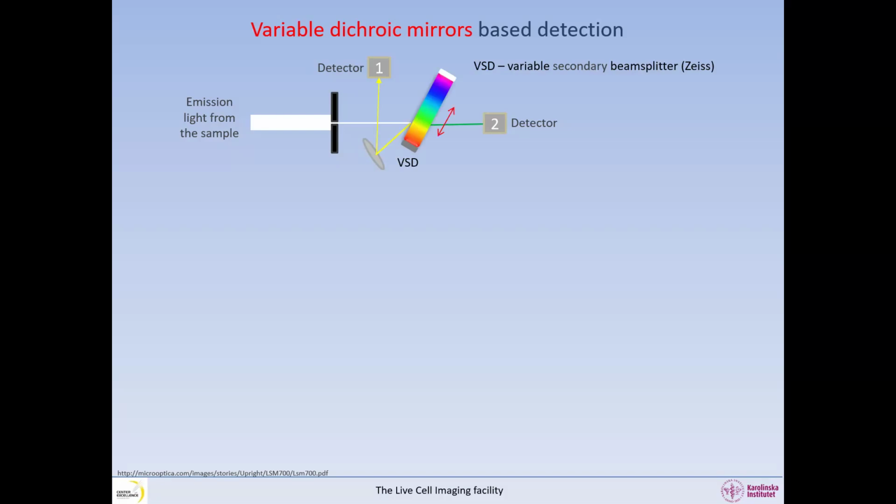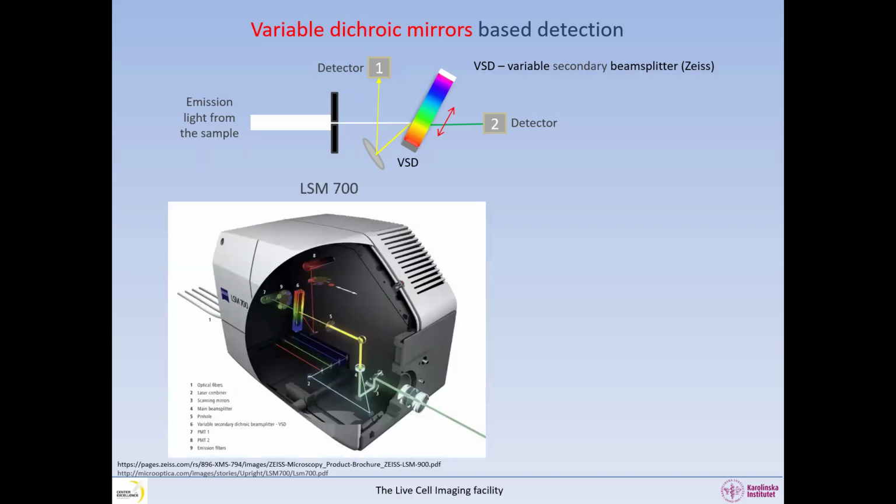And then we can move this variable secondary beam splitter, and then we do it again. This is how, for example, it works in the LSM 700.